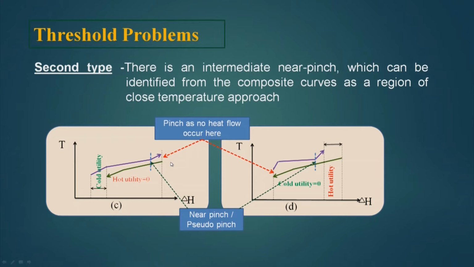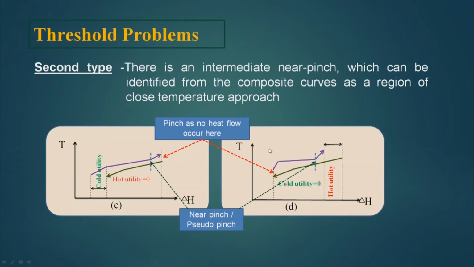So, here is a non-utility end, here we do not need hot utility, and the hot utility requirement is 0, but this is not the minimum temperature approach. When we approach here, we find a second point where there is a near pinch area or a pseudo pinch area.